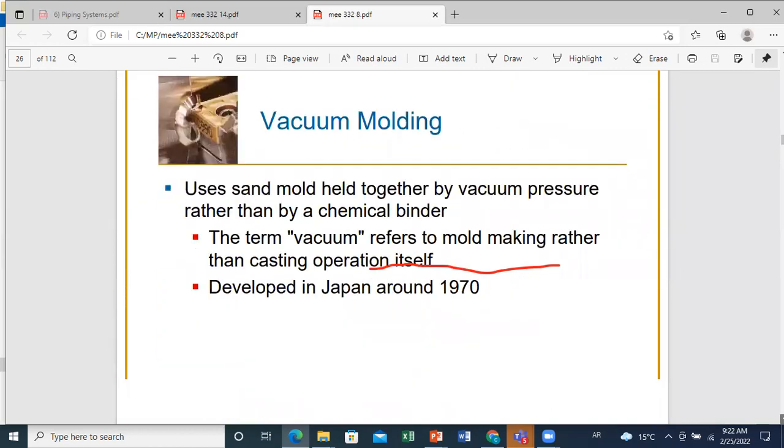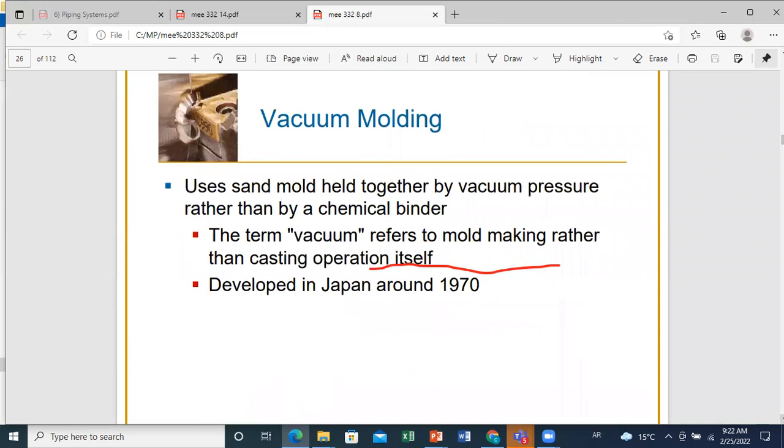Now, what about vacuum molding? Vacuum molding is another type of expandable molding processes. It uses sand mold held together by vacuum pressure rather than by a chemical binder. We already said that whenever we want to have a sand mold, we should have a certain type of adhesive or binder to keep sand particles together.